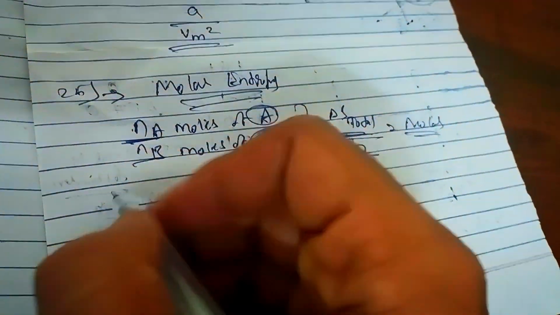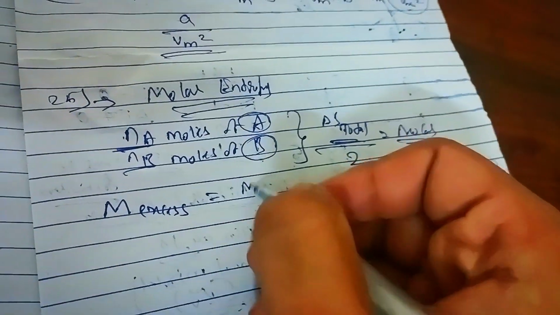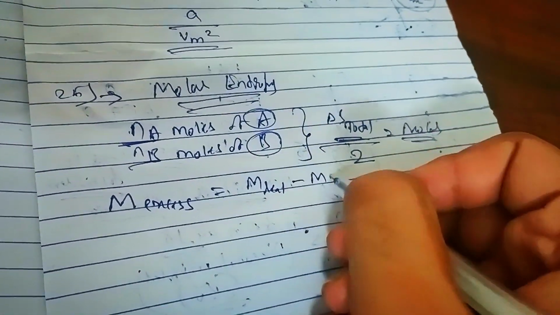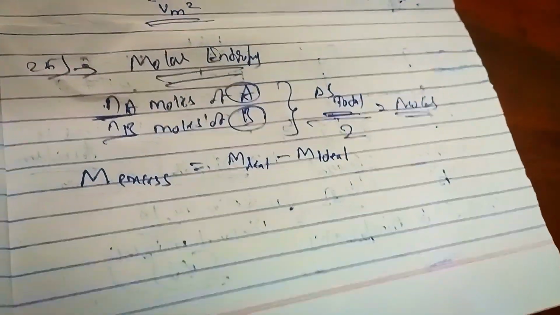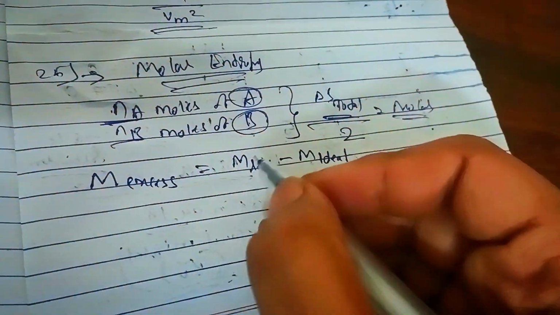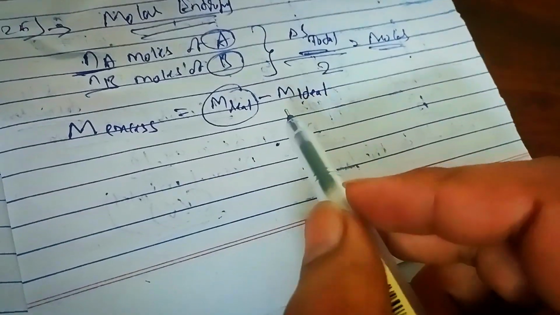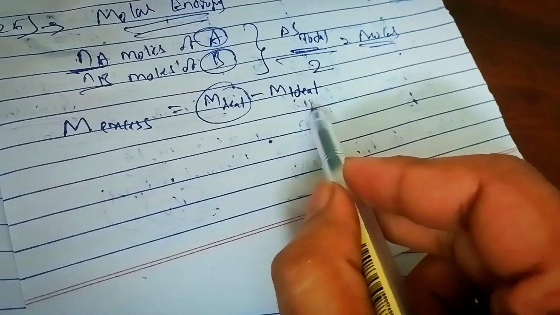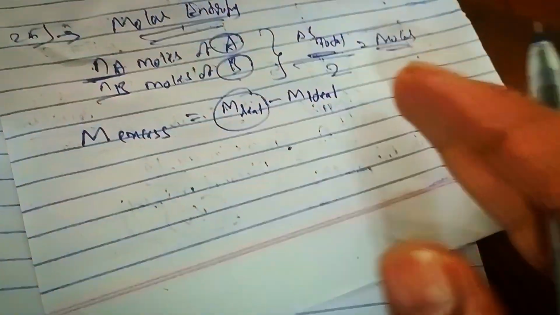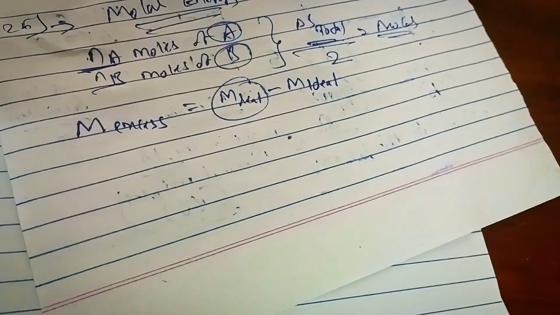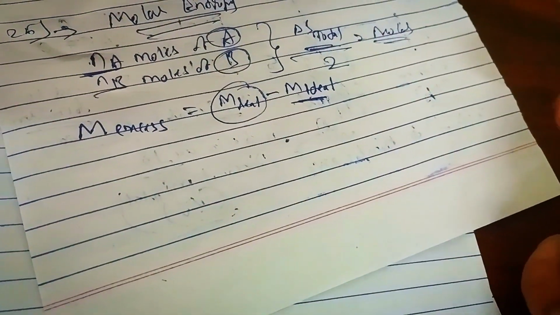But they are asking for the molar excess, that is M real minus M ideal, which will be the molar excess entropy. So, real minus ideal. Hence, for ideal solutions, the excess entropy of mixing will always be 0, because there is no excess. For an ideal solution, the excess property will always be 0.